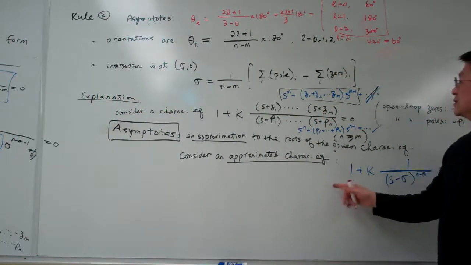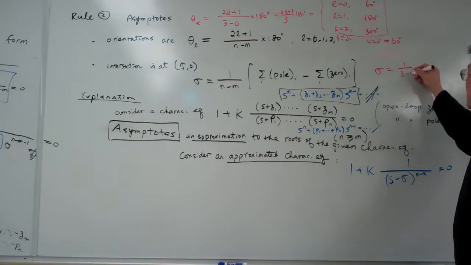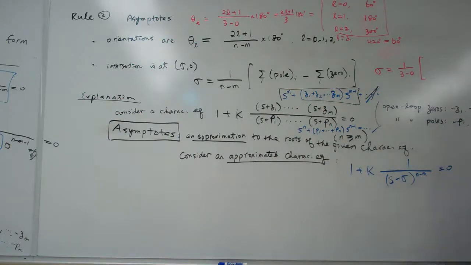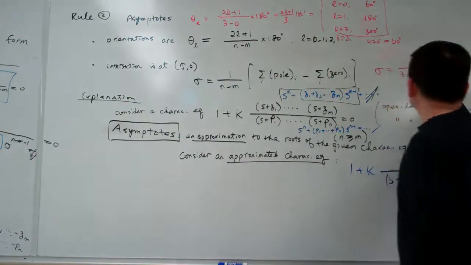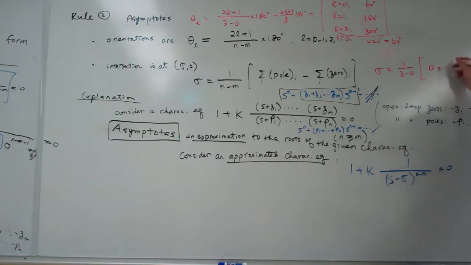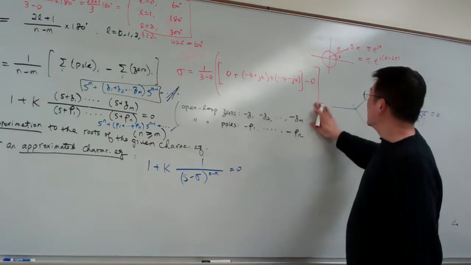Now the intersection of the asymptotes for this example is 1 over (3 minus 0) times the summation of the poles minus the summation of the zeros. The summation of the poles is 0 plus minus 4 plus j4 plus minus 4 minus j4, and we don't have any zeros, so that is 0.